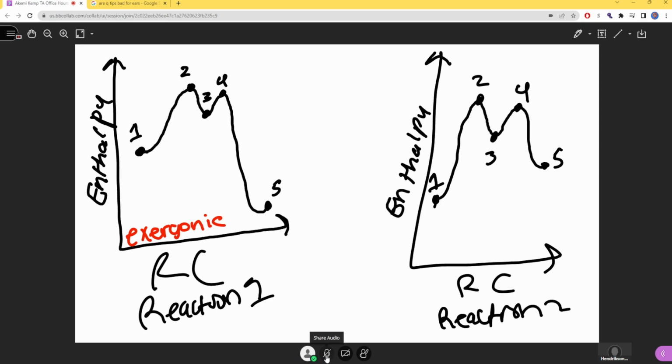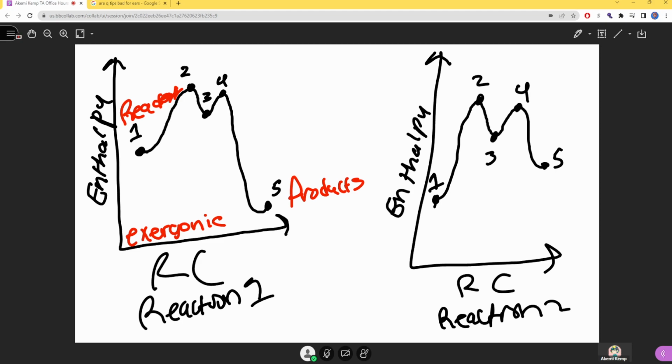The product is lower than 1. Right. The product is lower in energy than the reactant. Whenever you're going from a molecule higher in energy to a molecule lower in energy, that is an exergonic reaction.